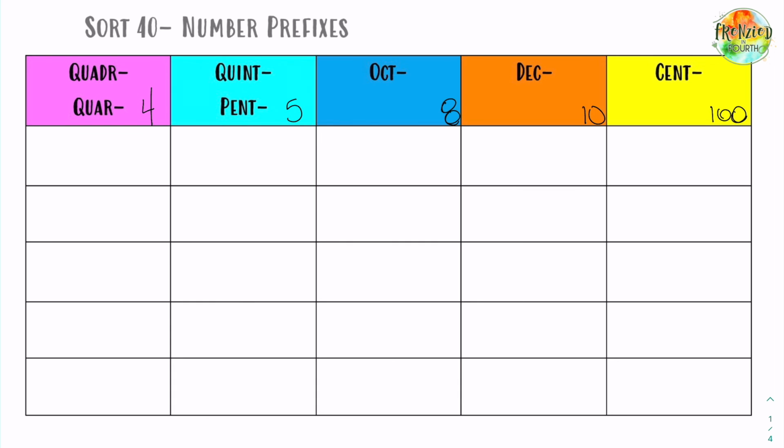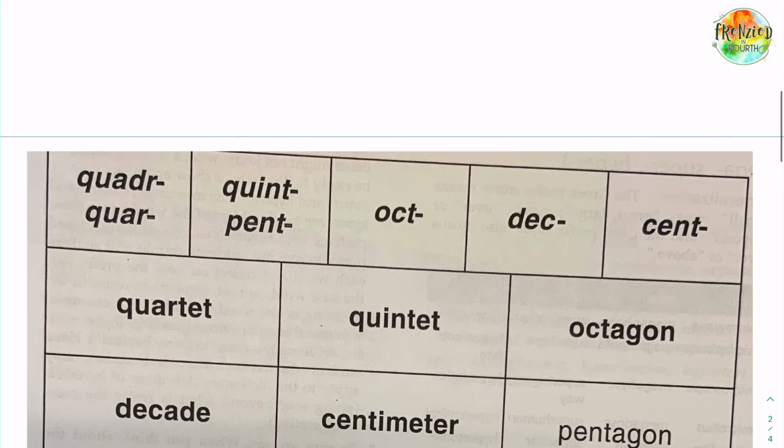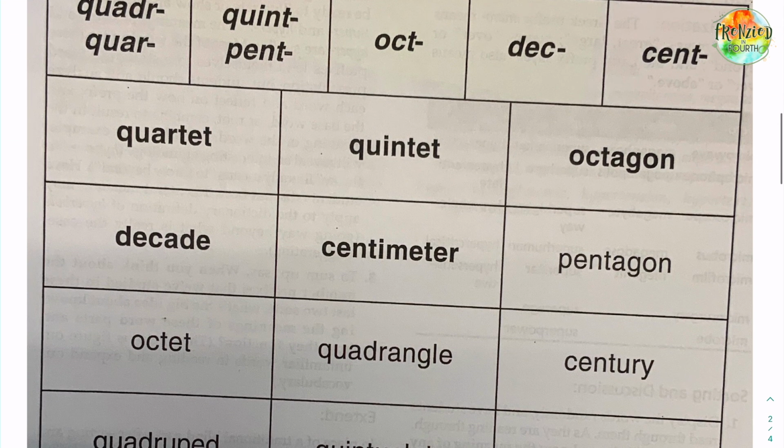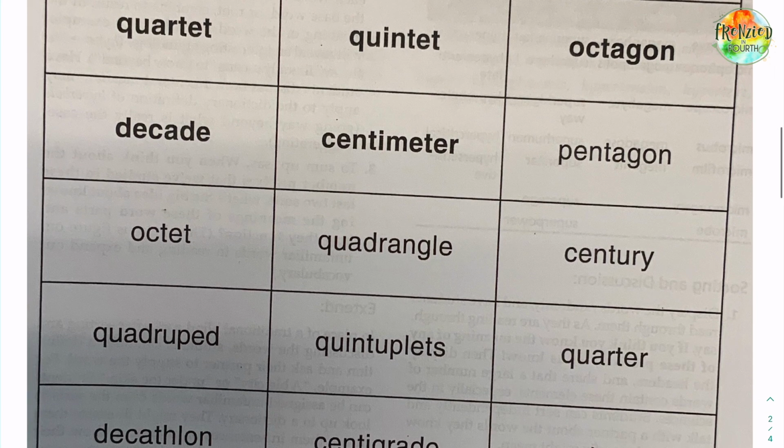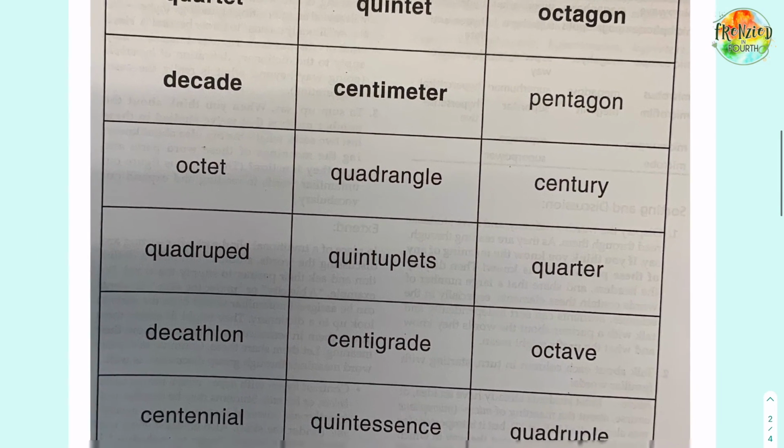So we're going to go ahead and take a look at our word list here. We're going to go over each word, and then we're going to put them into our table.